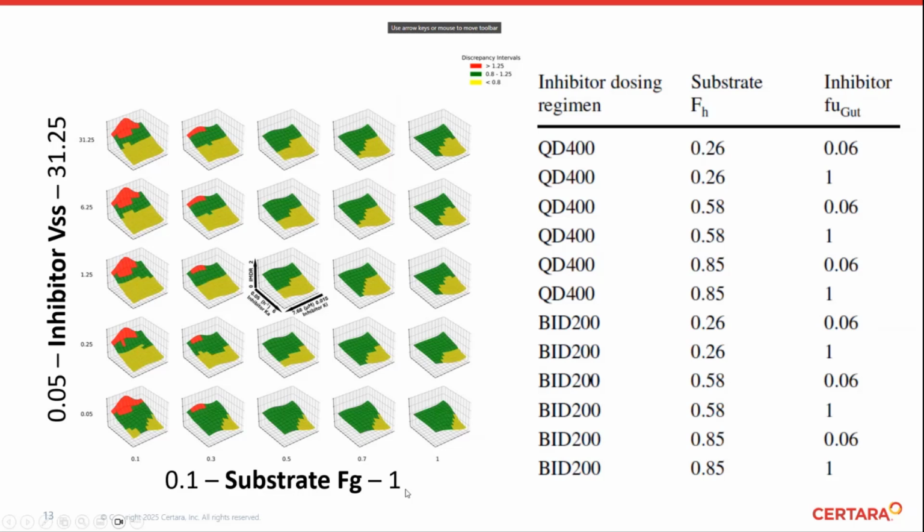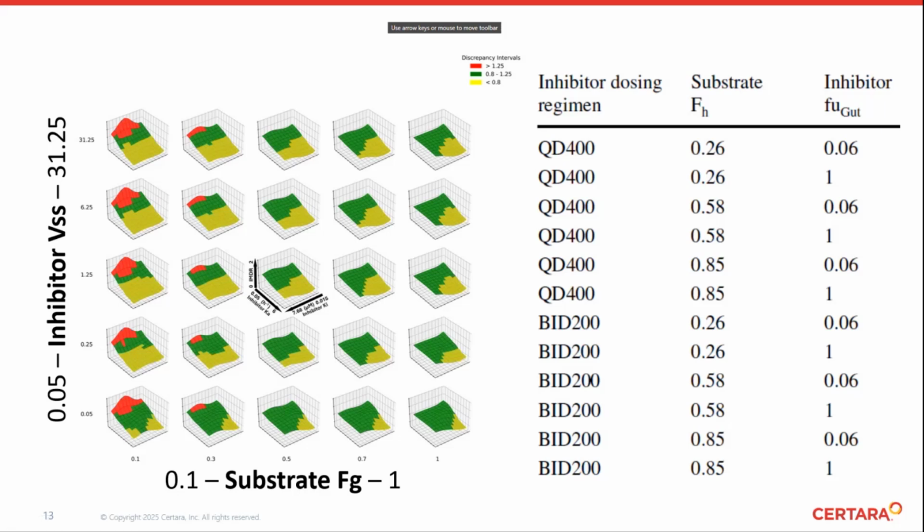So as we move upwards with each individual plot, we're increasing inhibitor volume of distribution at steady state, which ranges from 0.05 to 31.25. And as we move from left to right between the plots, we increase the substrate fraction escaping gut metabolism. And obviously we have three more parameters which we want to look at, but since we're running out of dimensions and axes to show these on, the inhibitor dosing regimen, substrate FH, and inhibitor FU gut can only be compared between figures.